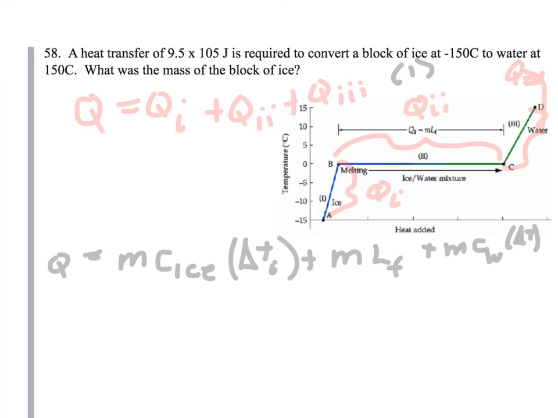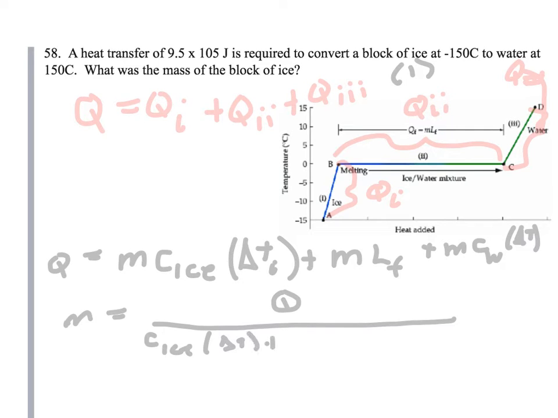So when we rearrange our equation to solve for mass, we're going to wind up with the Q in the top part, the numerator, and then down in the bottom is the specific heat of ice times the temperature change, plus the latent heat of fusion, plus the specific heat of water times that temperature change right there.